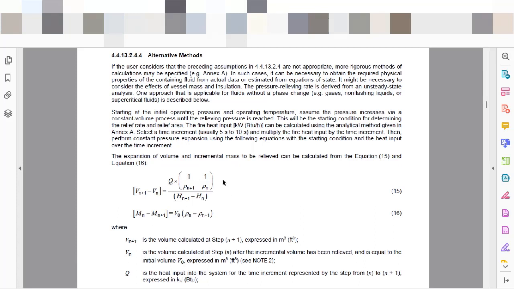So you can use the standard API 521 calculation to define your pressure relief device, but you can also use this alternative method based on Ryan's procedure and upgraded by Richard.